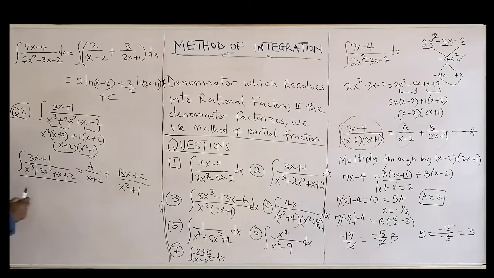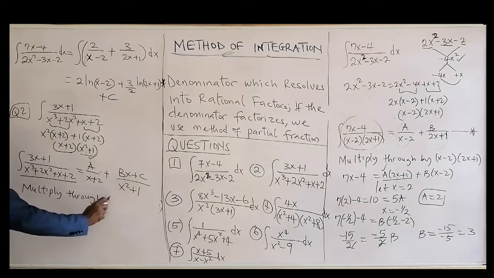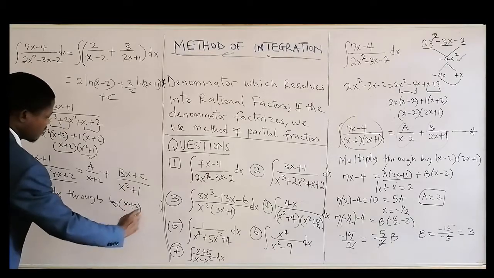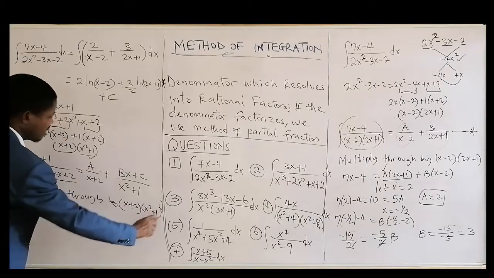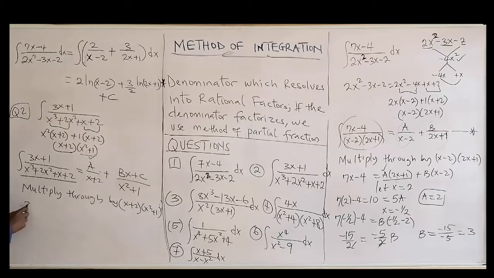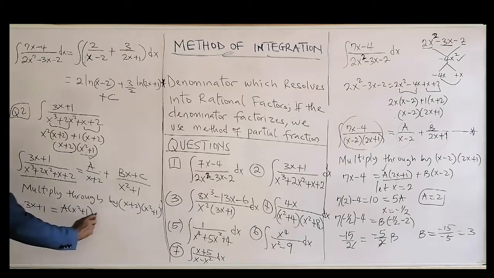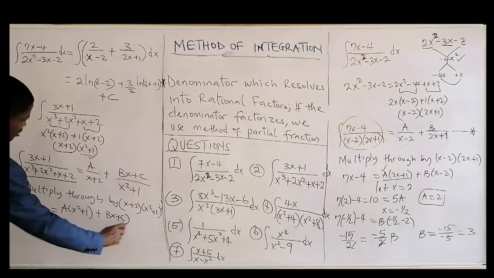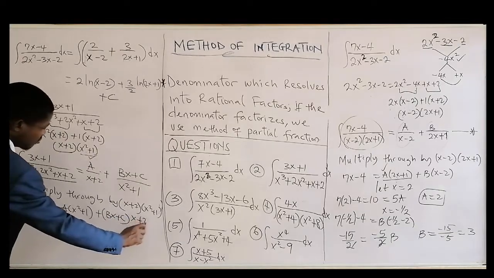So this will be equal to, when we are here now, multiply through by the common factor, which is x plus 2 into bracket x squared plus 1. So that will be equal to 3x plus 1 equal to a into bracket x squared plus 1, then plus bx plus c into bracket x plus 2.